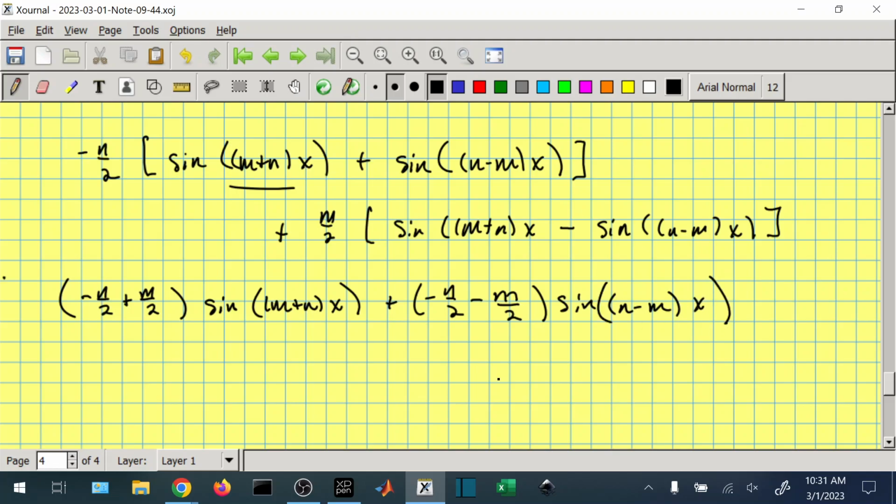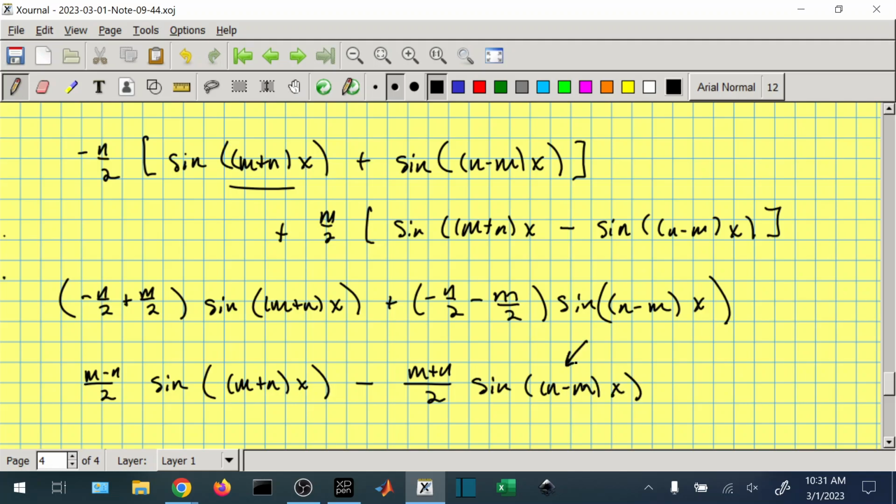And what we're really trying to ask ourselves is, can this ever be equal to 0? Well, what do I know about this m minus n here? I know it's never equal to what? Since m is never equal to n, m minus n is never equal to 0.